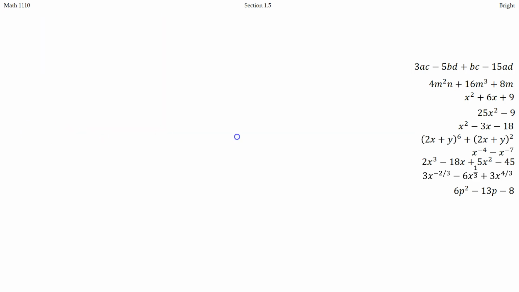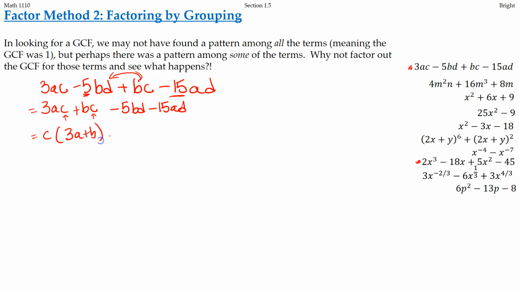Okay? And so next, I just took out a factor from these two terms. I'm going to see if I can do the same thing with these two. In factoring by grouping, I tend to underline the terms just so I can keep them together in my mind. And also remember, if you have a minus, you can change that to plus and negative. That's fine.